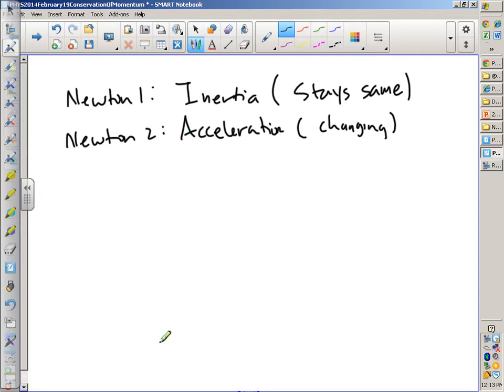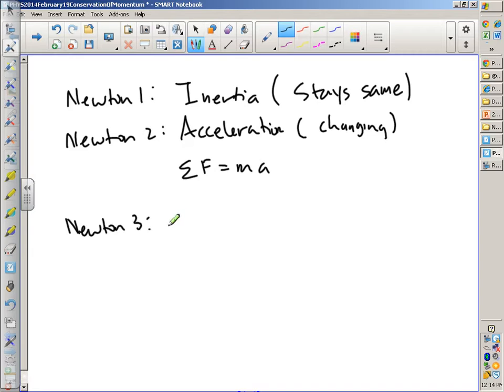Newton's second law deals with acceleration. And we did a bunch of problems where we used sigma F equals m times a to summarize the ideas that force and mass both affect the acceleration. Newton's second law deals with acceleration. Good there.